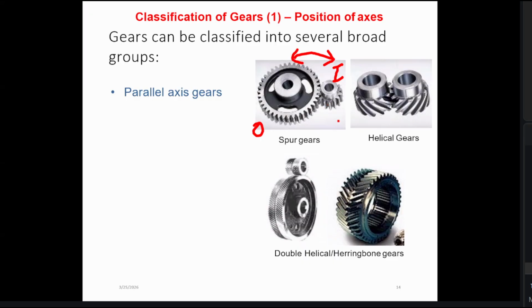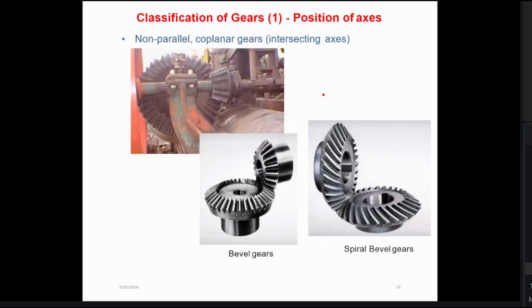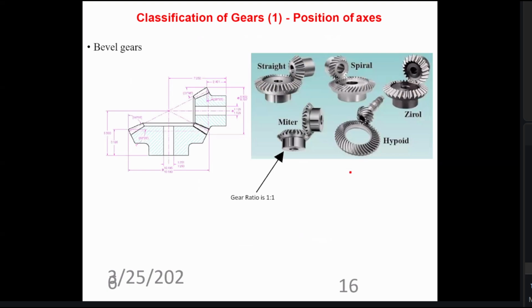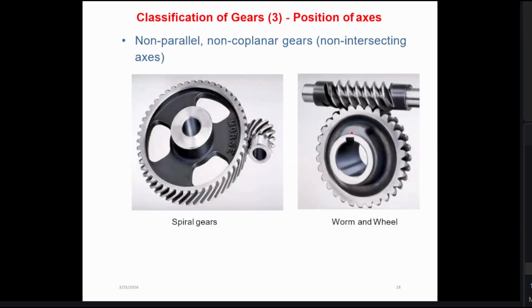Once you rotate the output wheel, the input will be rotated. But in the case of self-locking, these are non-self-locking gears. But in worm and wheel, you can transmit the power from worm to wheel, but not from wheel to worm, right? So it will be locked. So that is the self-locking feature in worm and wheel.